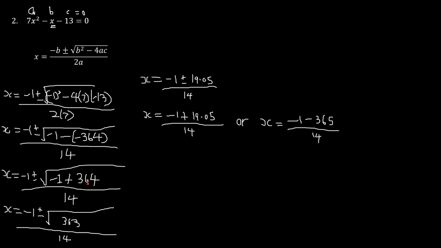So minus 1 plus 19.05 is 18.05. So actually x is equal to 18.05 all over 14.